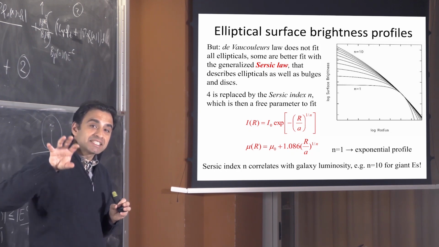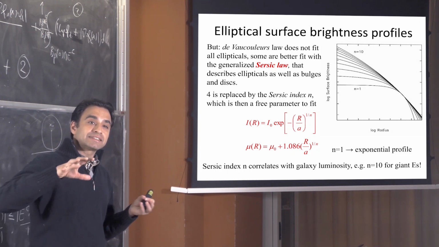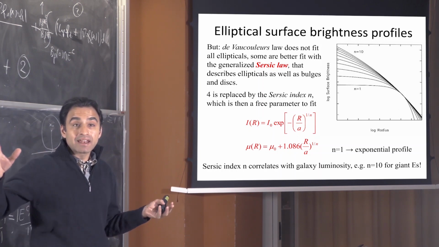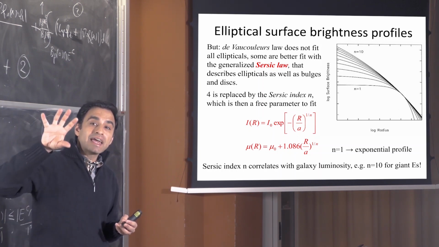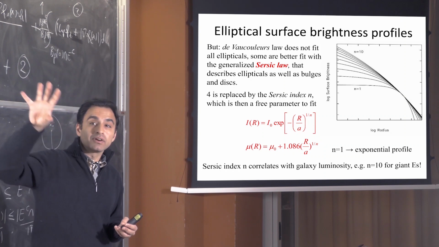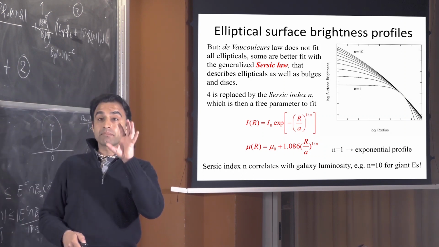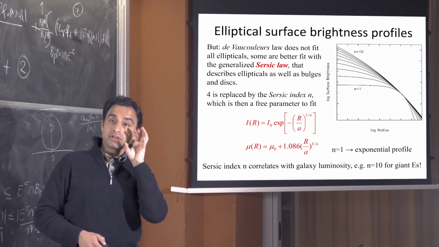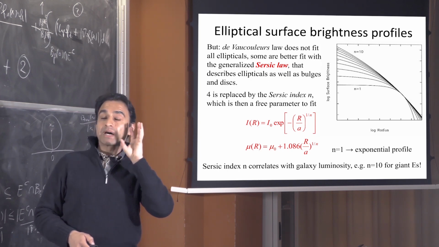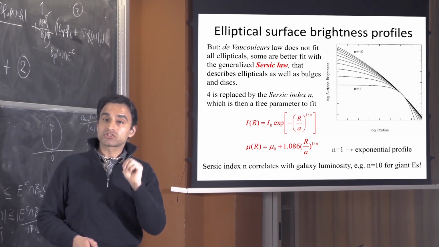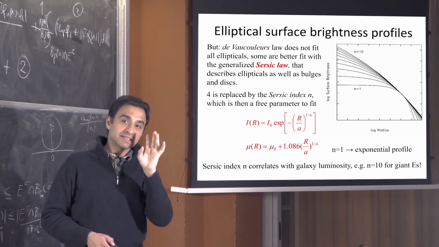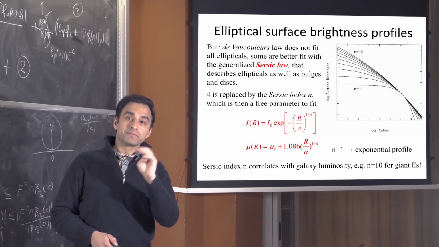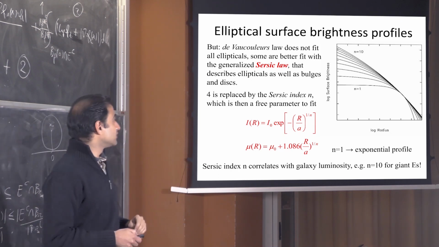It reaches its maximum values, which is around 6, 7, or even 8, sometimes even 10, for the most massive E0 galaxies. So please remember, the Sersic law is one of the fundamental laws, or parametrizations, that are used by astronomers to define the galaxy light profile, at least in the local universe.